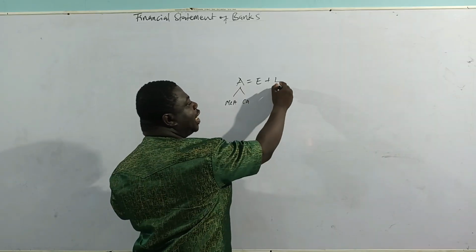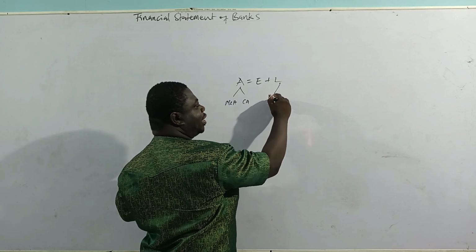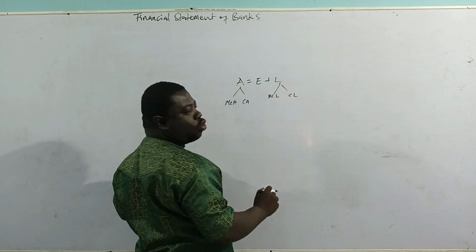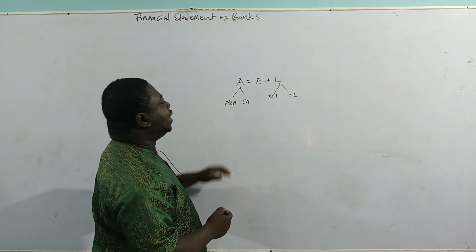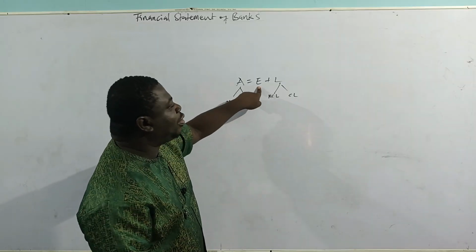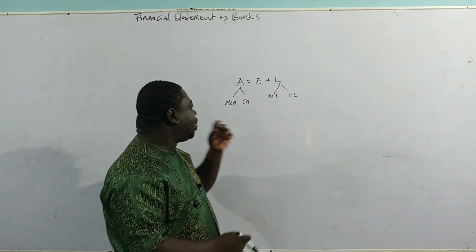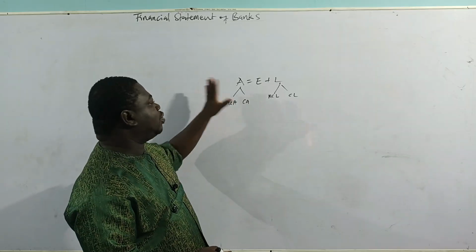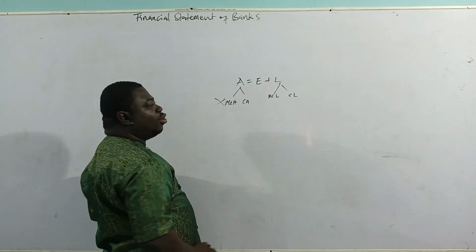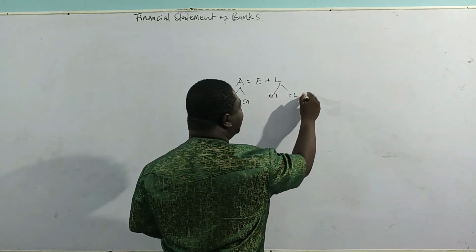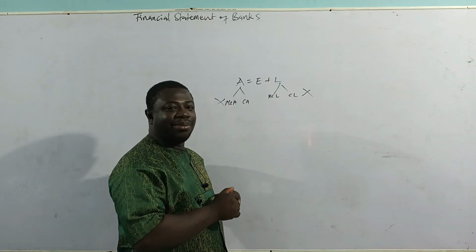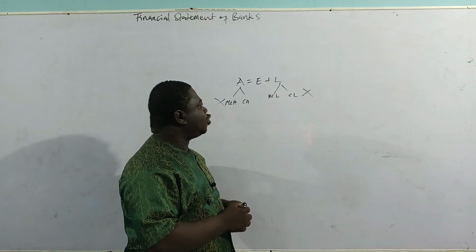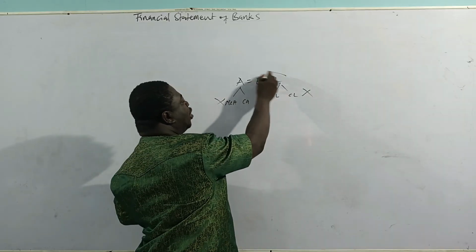The liabilities, they don't split into non-current liability and current liability. No. So for a bank's typical statement of financial position, it is strictly assets equals equity plus liability. They don't split the listing of their assets into current and non-current. When it comes to liabilities, they don't split into current liabilities and non-current liabilities. Very interesting. So they go strictly according to these three.